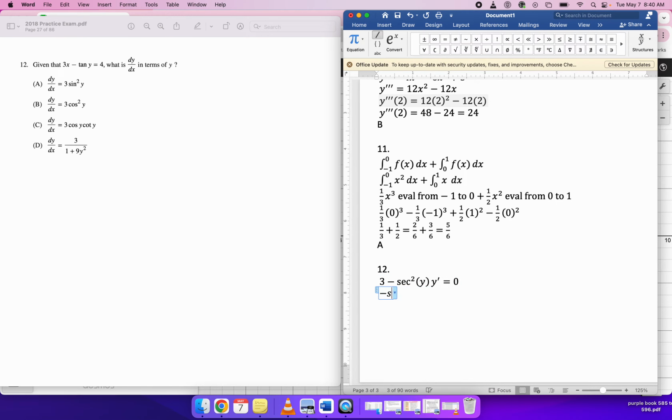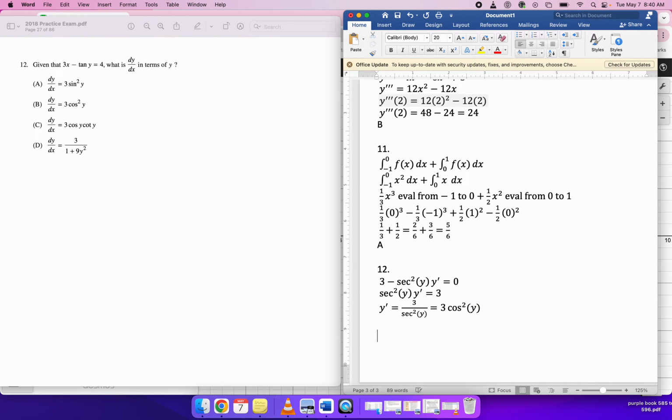So subtract 3. You can forget about the minus signs. And then divide both sides by secant squared y. That's not one of the options, but that's just because 1 over secant squared is the same thing as cosine squared. So this is 3 cosine squared y.